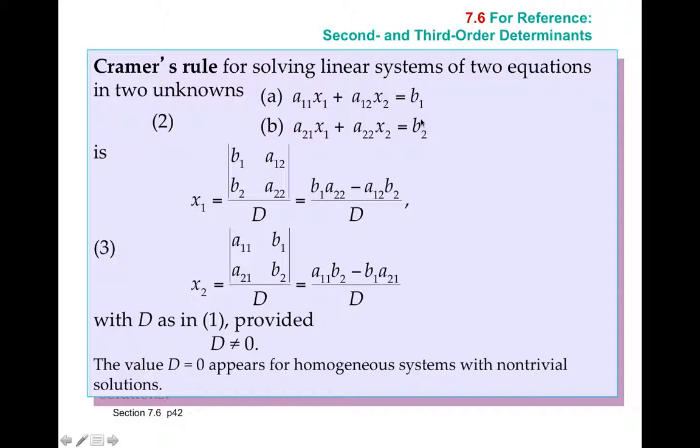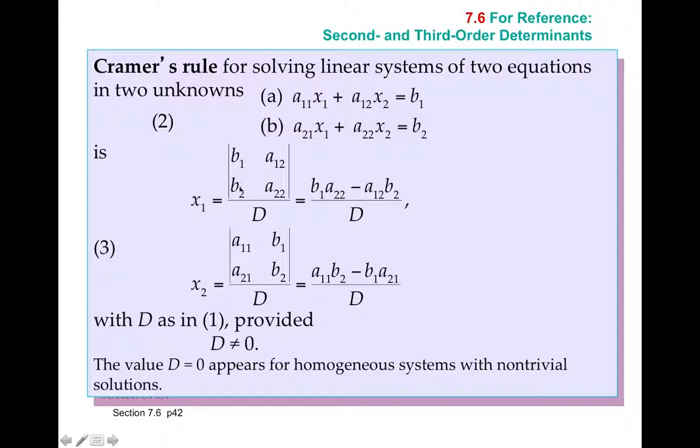For a 2x2 matrix, we can actually get a solution to equations in two unknowns by evaluating in the following way. So D is the determinant of the coefficient matrix that was shown on the previous slide. If we have the set of equations equal to a set of B's, we basically take the B vector and substitute it in the column corresponding to the x1 coefficients.